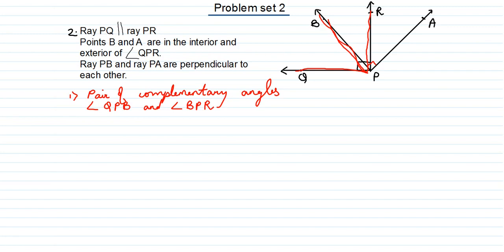We want the second pair as a pair of supplementary angles. What are supplementary angles? The angles whose sum is 180 degrees. So over here we know the angles, that is angle QPR, which is a 90 degree angle, as well as there is one more angle which is 90 degrees. Which is the angle?